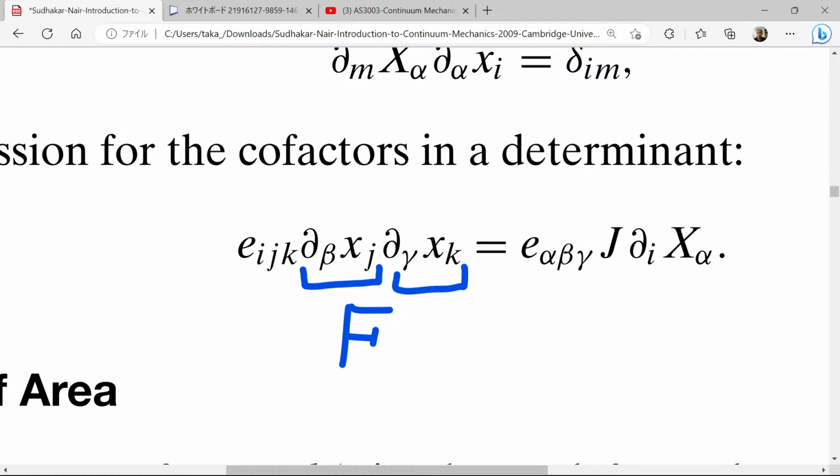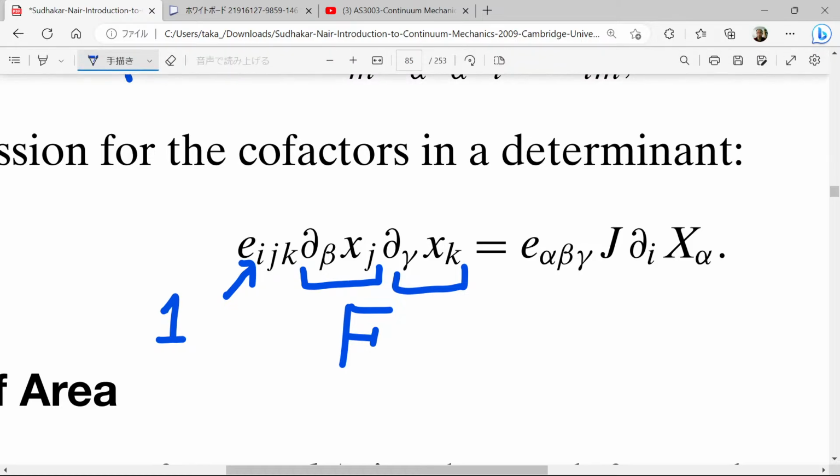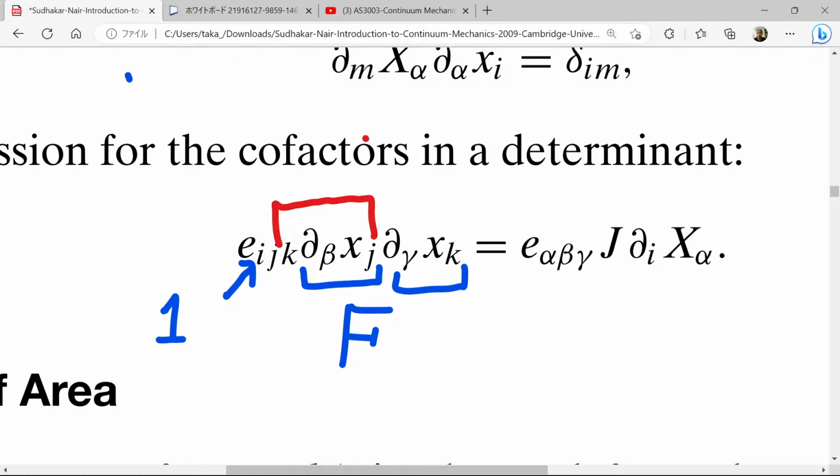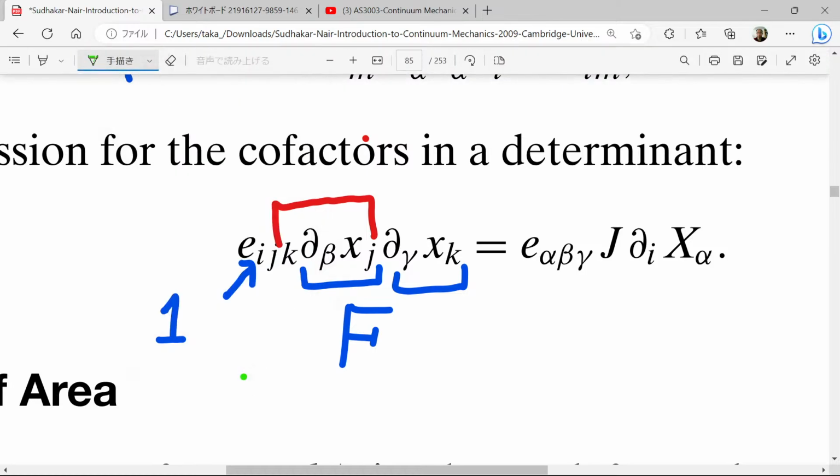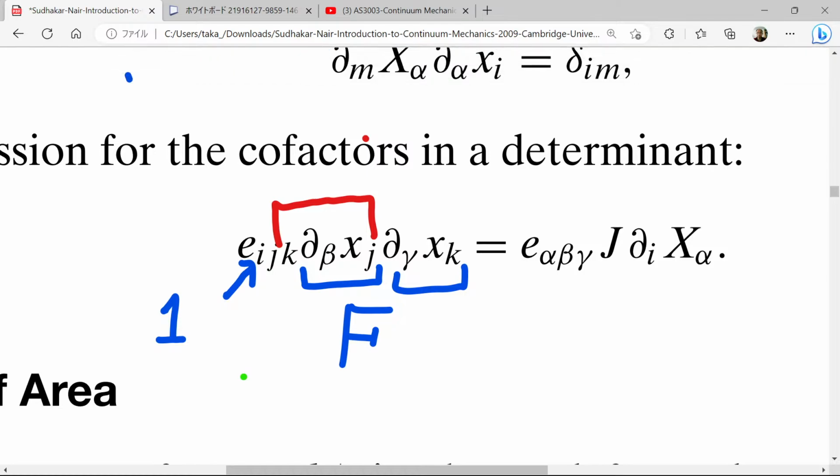So then, if I look at this very carefully, you can first pick I. I is kind of independent. So I, for example, consider 1, just 1, okay? Then there is a summation, as we discussed. So J here is summation, and another summation is K. K is also summation, right?